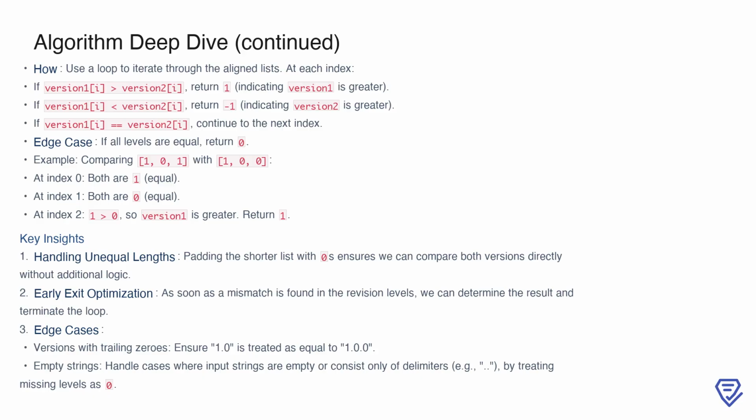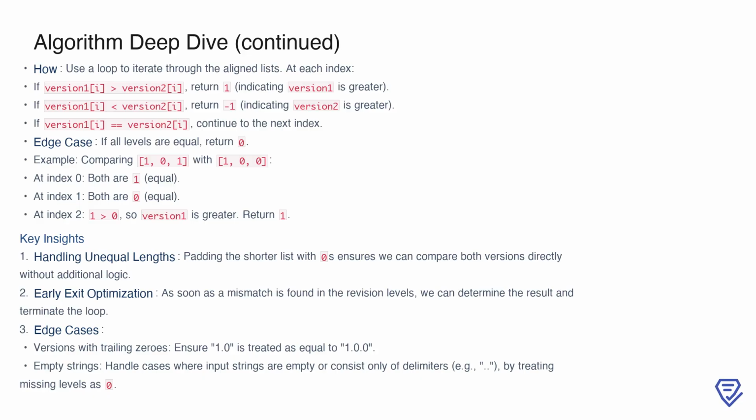Let's consider an example, comparing 1, 0, 1 and 1, 0, 0. At index 0, both values are 1, so we move on. At index 1, both values are 0, so we move on again. At index 2, we find 1 is greater than 0, so we determine that version 1 is greater and return 1.